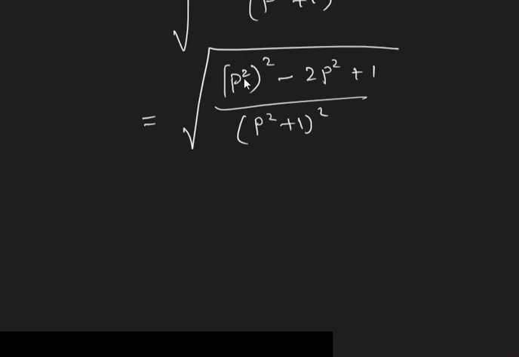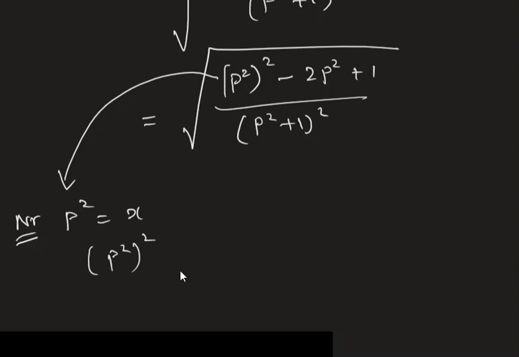So this p squared, or otherwise if you want to make it further easy, take p squared as x. Okay, now substitute, let us take the numerator only. So p squared whole squared minus 2p squared plus 1 is equal to, put x.